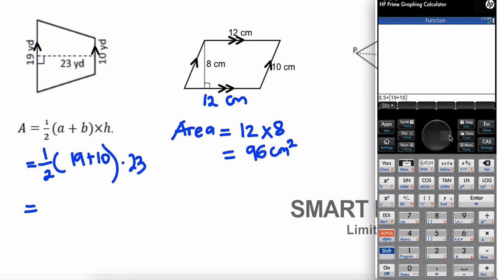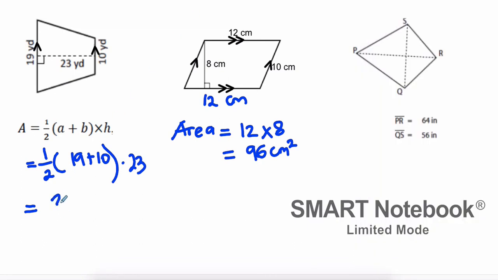And then don't forget to go out of the bracket and multiply that by the height, which is 23 in this case, right? So if you do so, then we have 333.5. So that will be the answer of the area of this trapezium. And don't forget the unit in this case, yard squared.